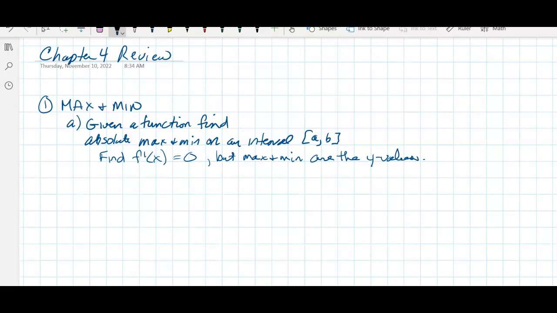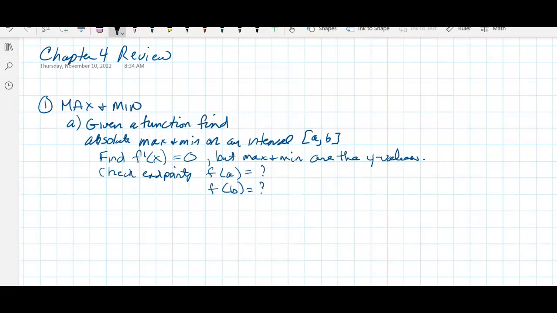And the other piece, if you're on this closed interval from A to B, what do you also have to check? The endpoints. You got to check those endpoints. Meaning you need what f of A is, and you need what f of B is, and if their y value is the highest, then that's the absolute max.